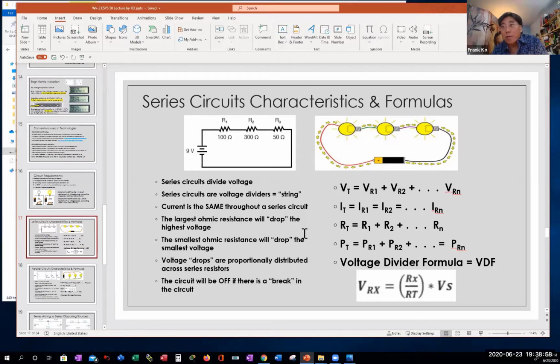We will. But I wanted to take a moment and show you one very special formula known as VDF, an abbreviation for voltage divider formula. It shows you how voltage is divided according to a fraction: what fraction of the total is going to be across any one of the individual resistors? It's a really powerful formula. Good questions.